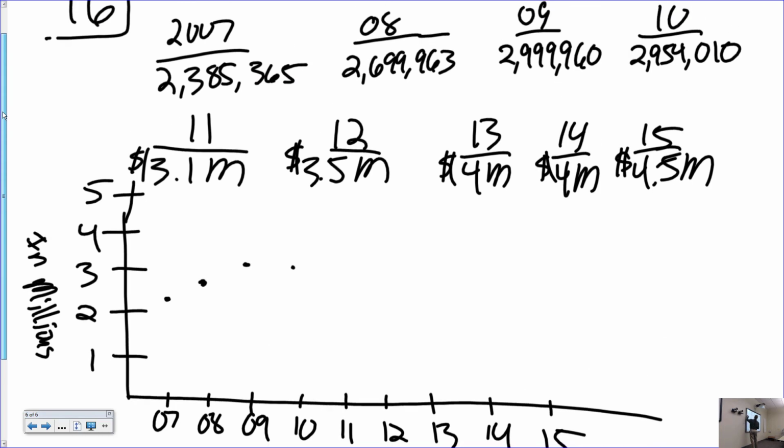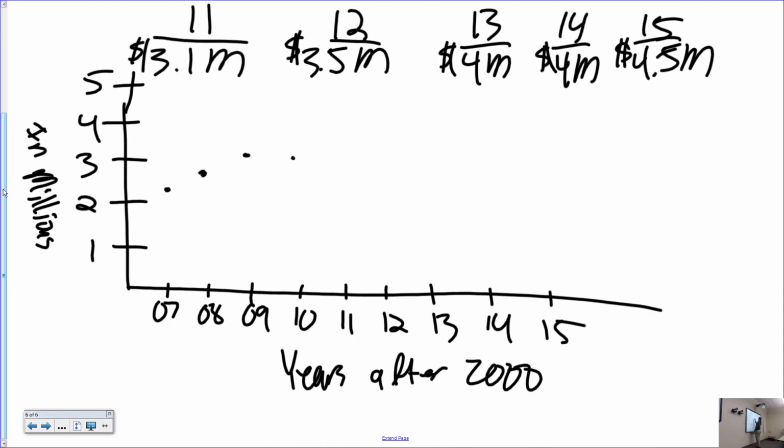Then 3.1. Then it goes back up again, but just a little. 3.5. Then 4 and 4. And then 4.5. And then you get to connect the dots. And there you go. So make a nice little picture. Except you do have to put a dollar sign somewhere along there, right? True.